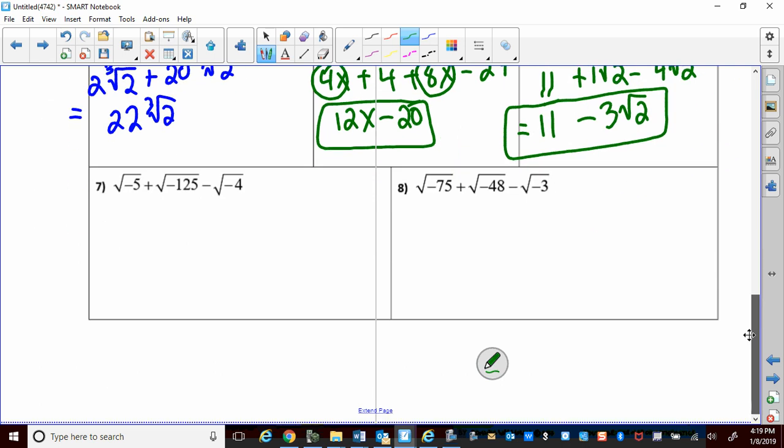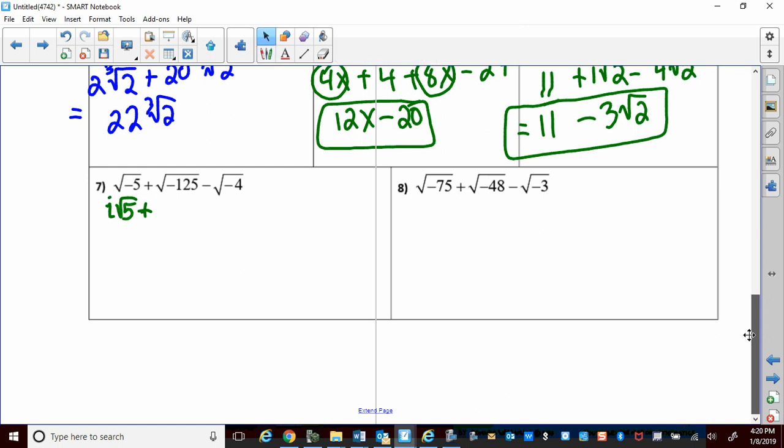Okay? Now here, we're dealing with negatives, square root of negatives. So we have to simplify these answers. I get i square root of 5 plus, okay, the square root of 125.